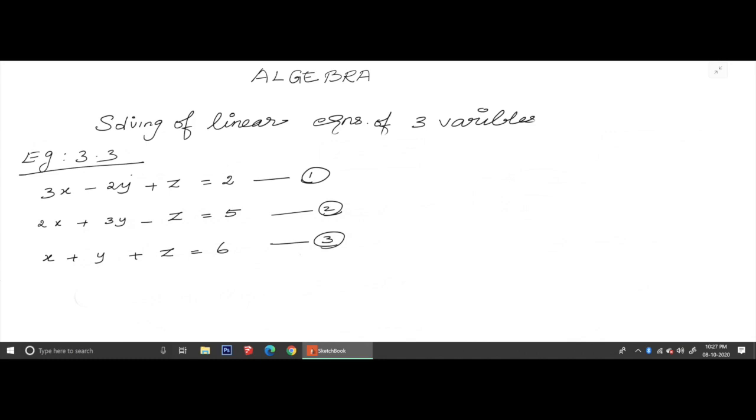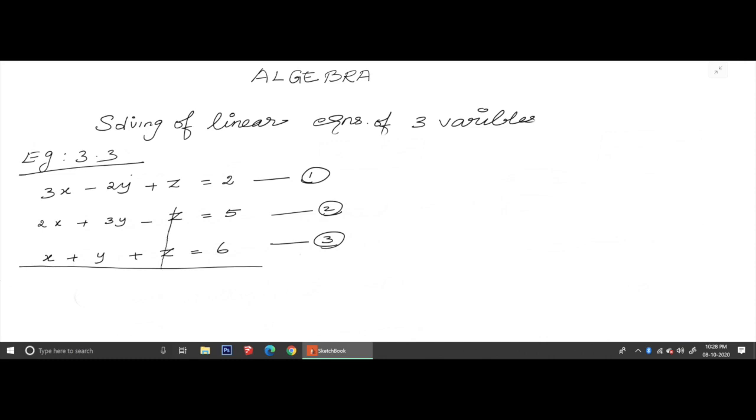Here I am going to consider equation number 3 and 2. My first option, I am going to take equation number 2 and 3. See here, plus z and minus z is there. Okay, so when I add, these two will get cancelled.